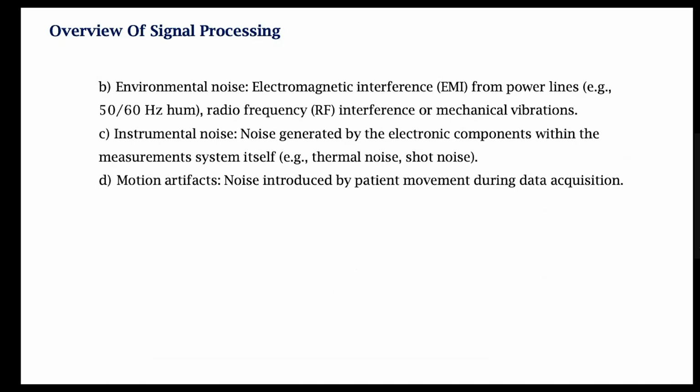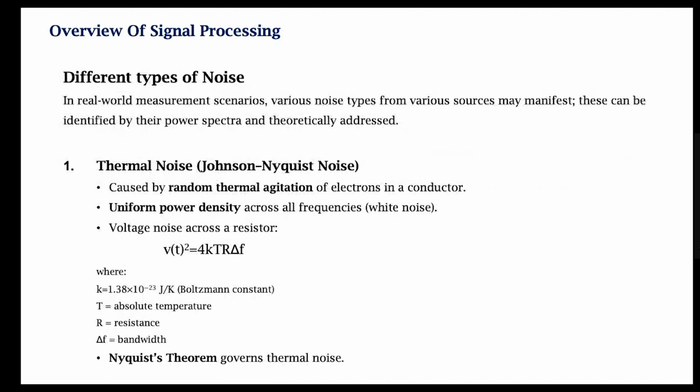Then there are artifacts. Artifacts are not exactly noise. There's a slight technical difference between them. Please do check the difference between noise and artifact. For example, movement artifact is caused by the movement of the patient. A live person will always have movement. These are the different types of noise and artifact.